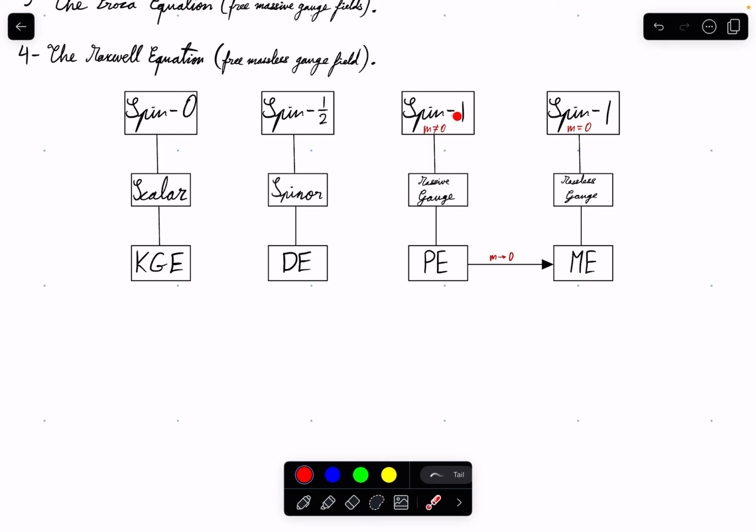If you have a spin 1 field where mass is not equal to 0, then you have a massive gauge field, which is described by the Proca equation. If you have a spin 1 field that is massless, you have a massless gauge field, and that is described by the Maxwell equation. Notice that in the limit that the mass goes to 0, the Proca equation becomes the Maxwell equation.